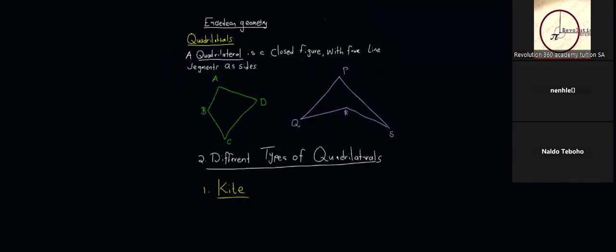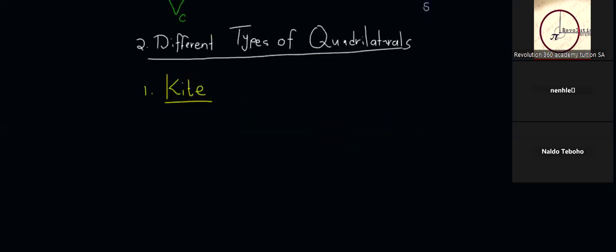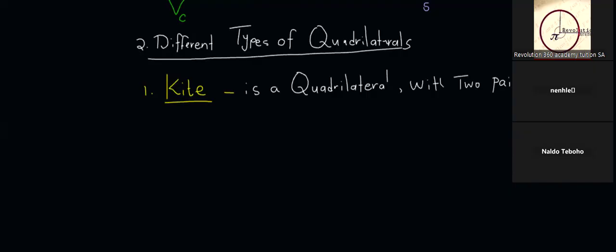When you speak about a kite, it's a quadrilateral with 2 pairs of adjacent sides equal.